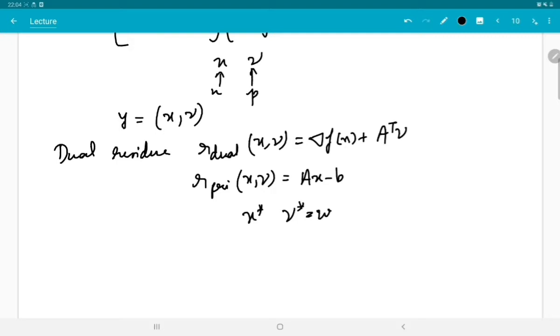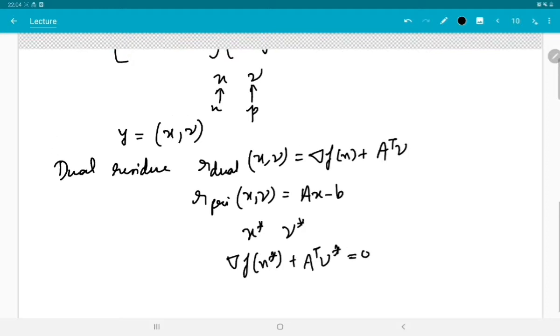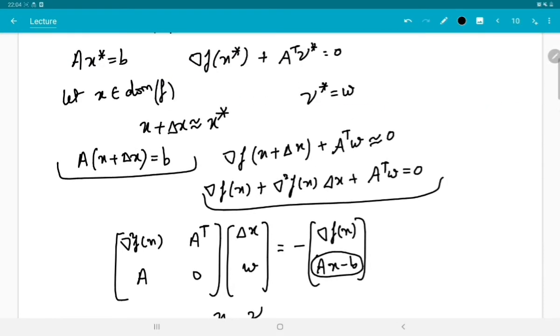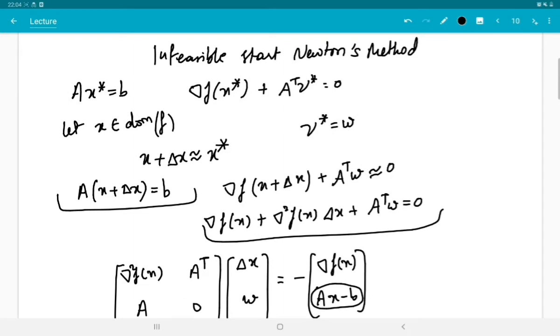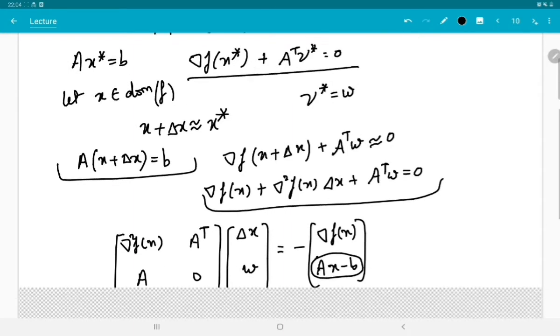We can just see that this is del f of x star plus A transpose nu star, which is 0. This is 0 because of the KKT conditions that we are solving.